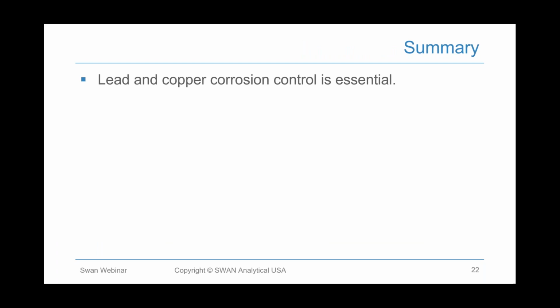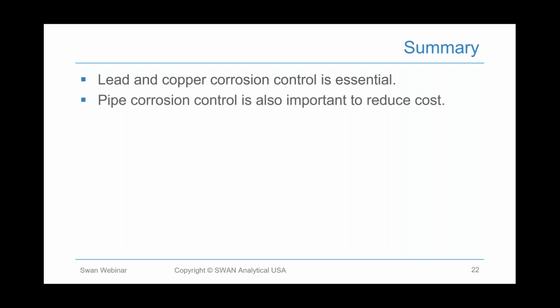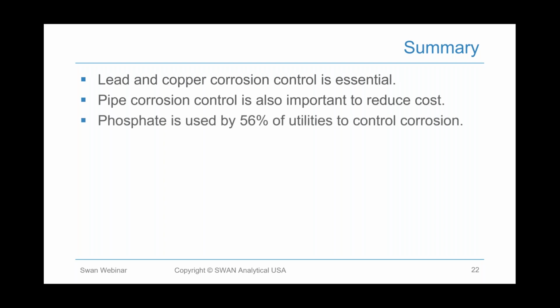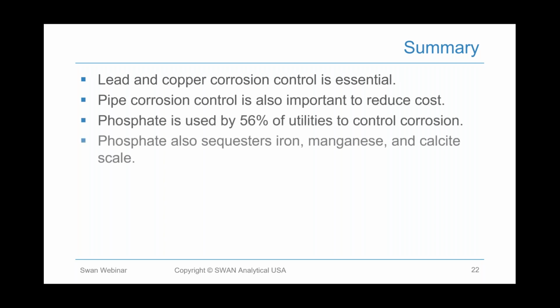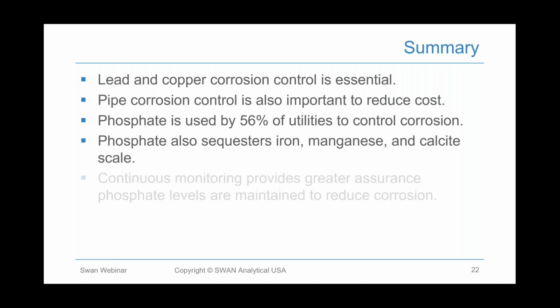So summing up a little bit about what we talked about today, our lead and copper corrosion control we know is very important. Our pipe corrosion control is important to reduce our cost of having to replace pipes out of cycle. Right now, about half of everybody's doing that. We also have some side benefits of that where we get to bind up some iron and manganese and make our customers happy with better water quality at the tap.